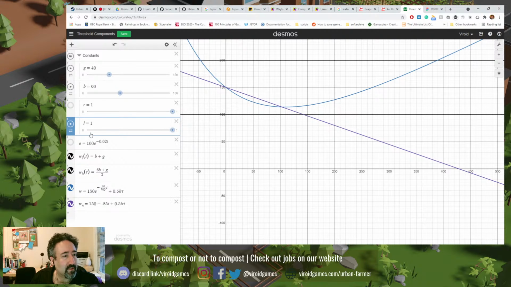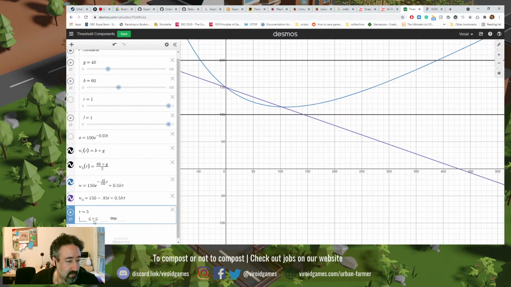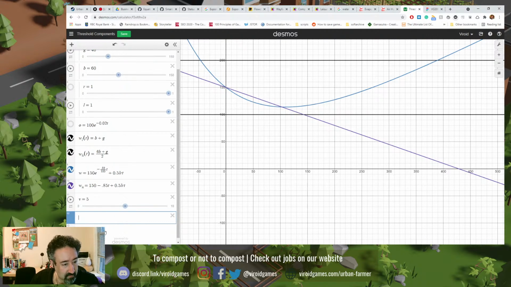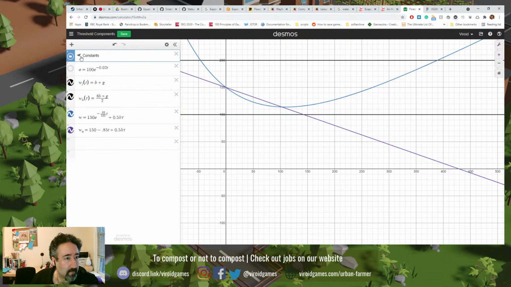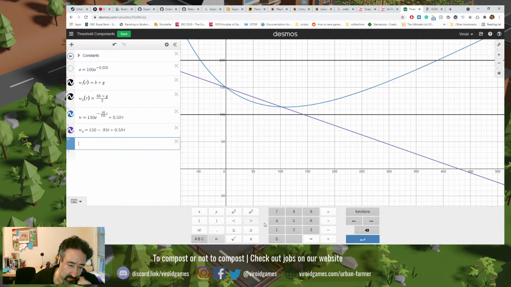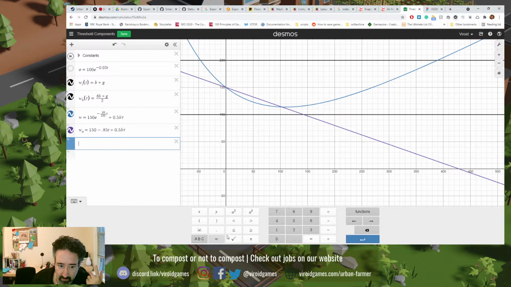We need a constant, which is, let's remove one. I think I could just do it. Velocity is 5. Can only be 0. So then we have theta. Let's actually write that in a smart way. Not this shit.